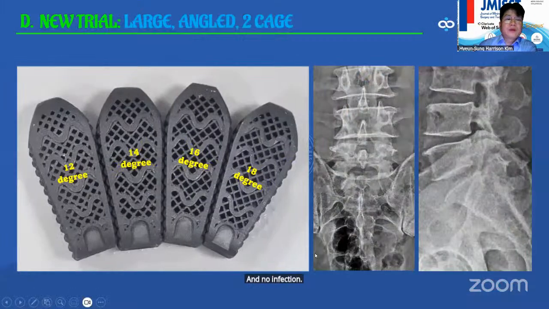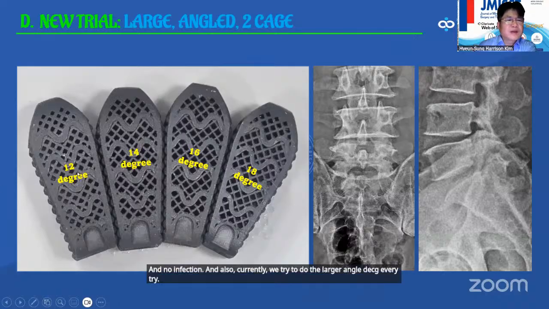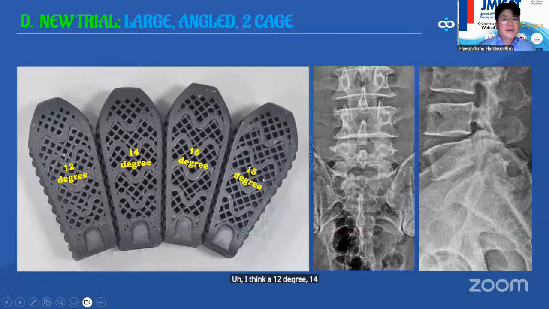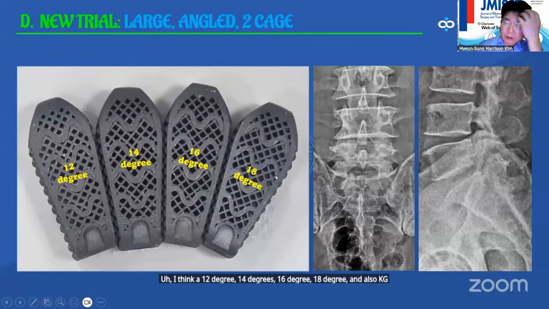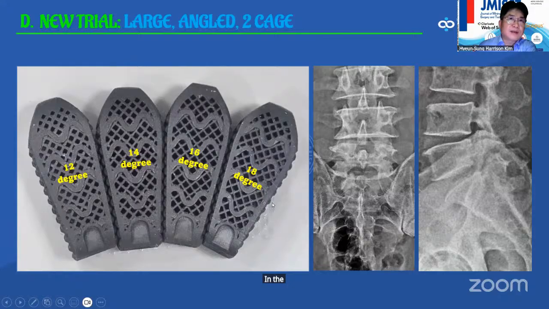And also, currently we try larger angled cages. We try 12 degree, 14 degree, 16 degree, 18 degree cages. Nikolai talked that the expandable cage can also reach 16 degrees. But with the static cage also, 16 degrees is possible to insert.